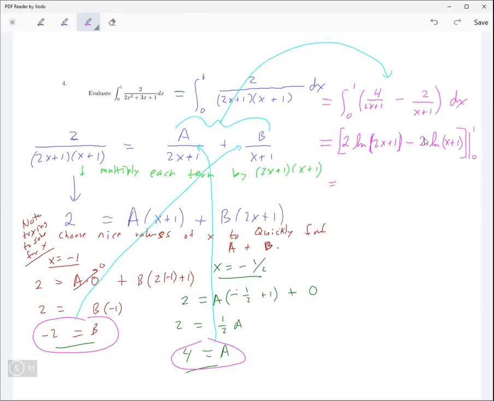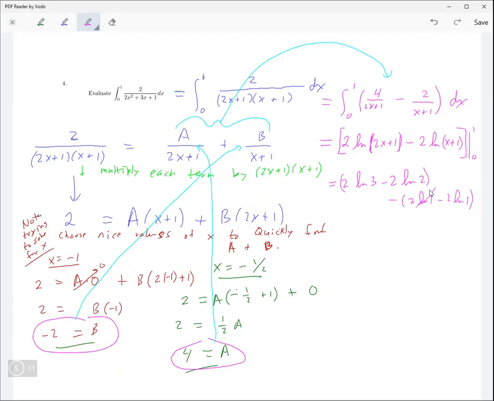So put a 1 in first. 2 log, if I put a 1 in here, I get 3. And if I put a 1 in here, I get 2. Minus. Now put a 0 in, so I get 2 log of 1 minus 2 log of 1.